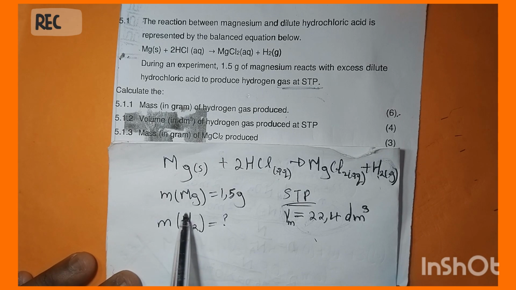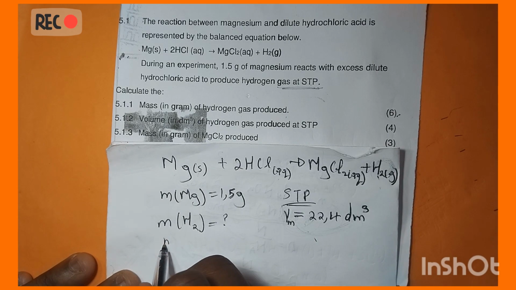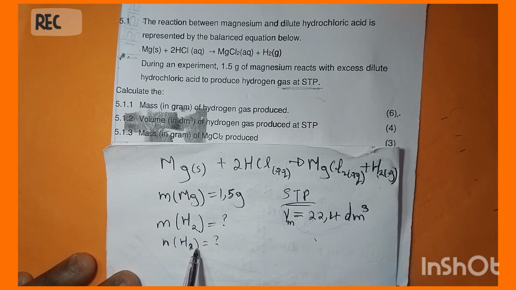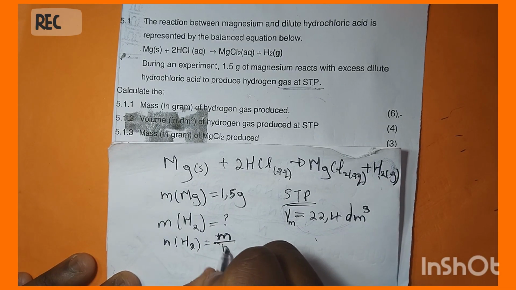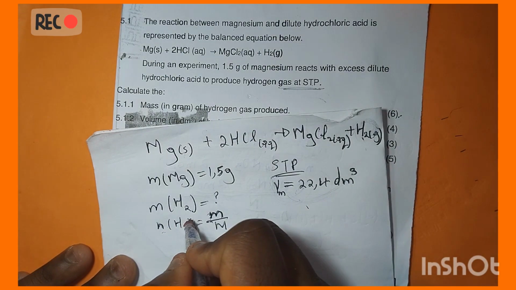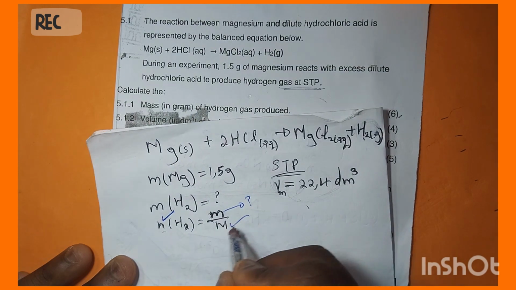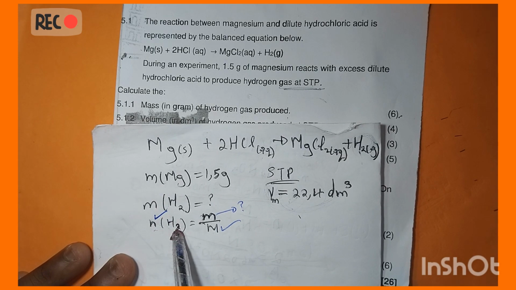In order to know the mass of this, first of all we should know the moles of it. If we can know the moles, we can get the mass using the molar mass from the periodic table, obviously. But how can I get the moles of this?